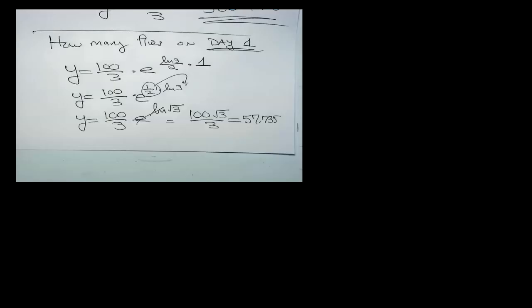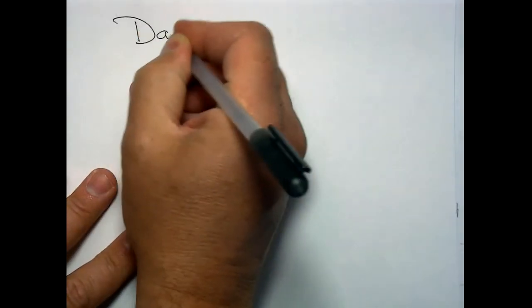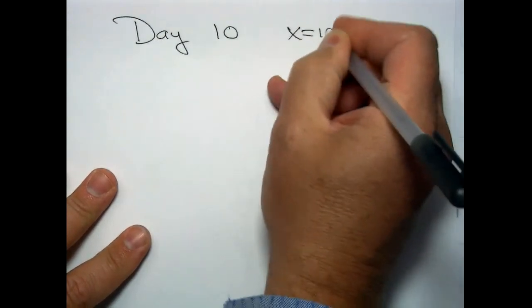So now we can really project this out. How many flies will we have on day 10? Now remember, the exponential curve really takes off, going this way, and so therefore I expect a lot of flies on day 10, and let's finish with that. Day 10, x is 10.